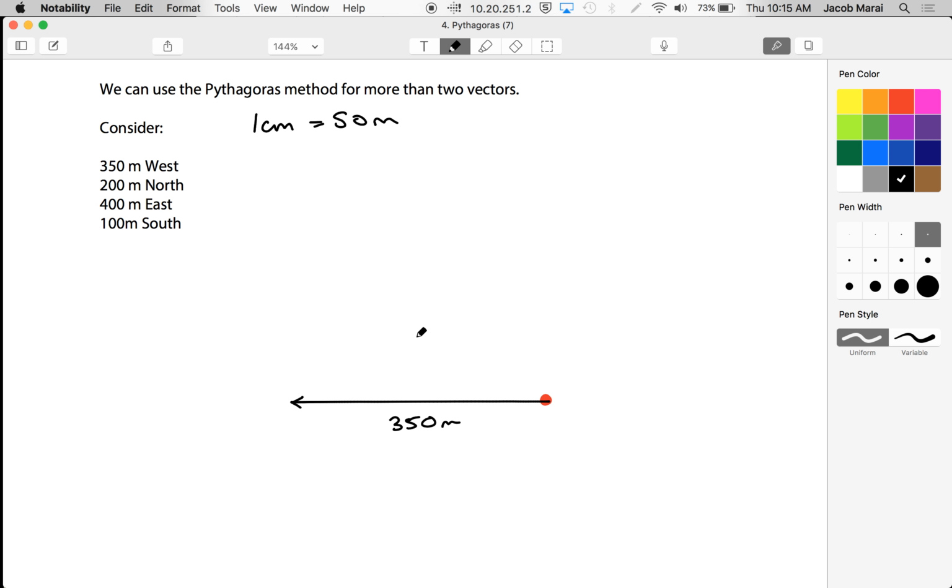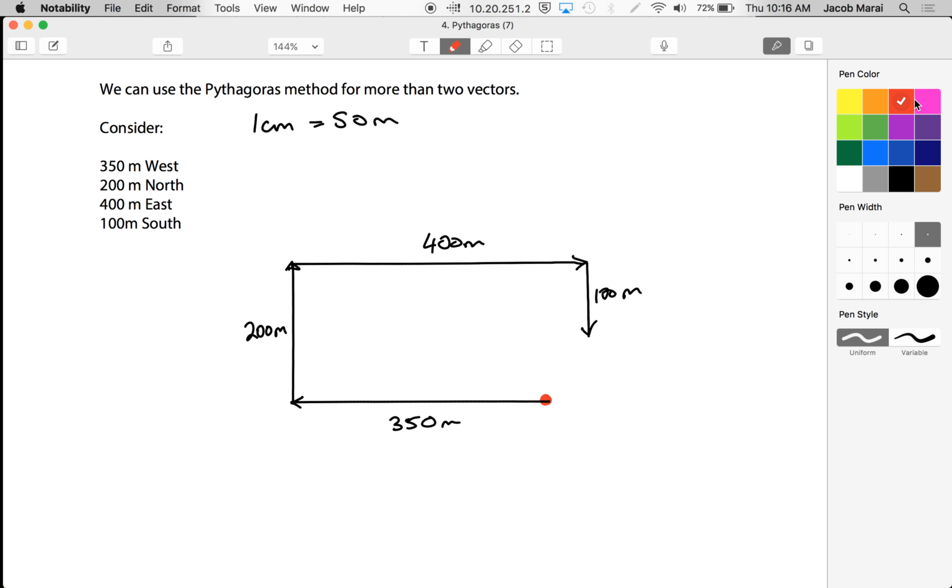Then I'm going to go 4 centimetres up, and that will represent the 200. 400 east, that's an 8 centimetre long line. And then 100 south, which is a 2 centimetre long line.